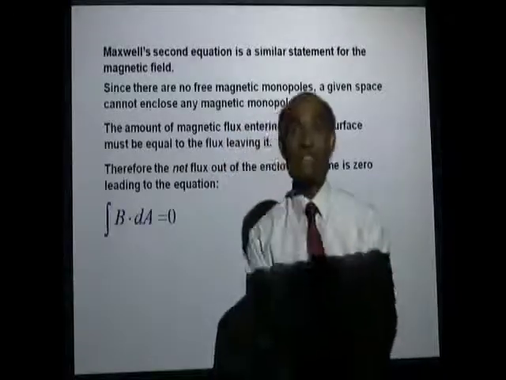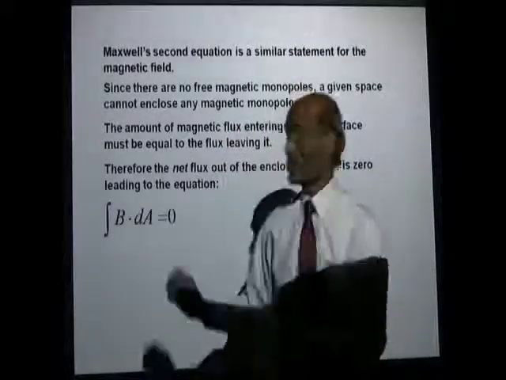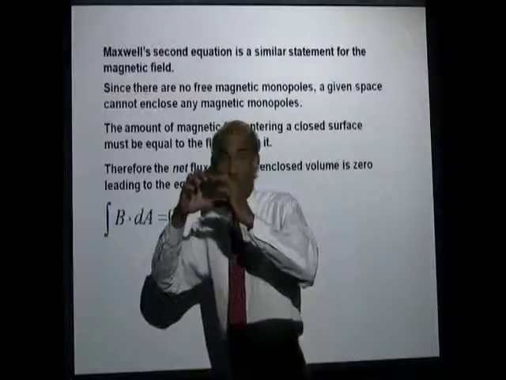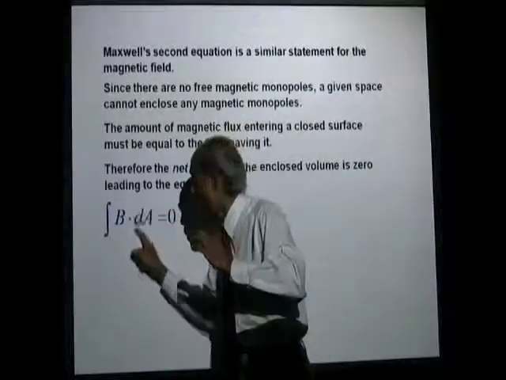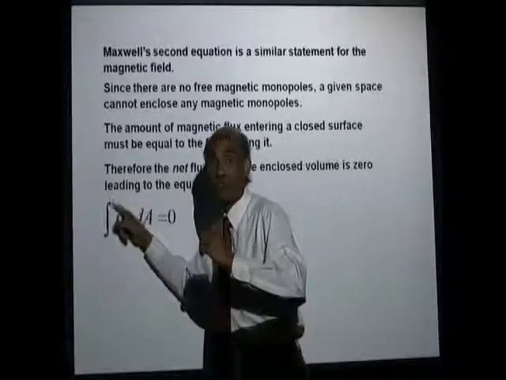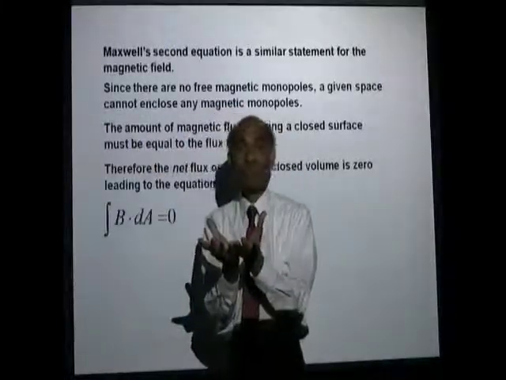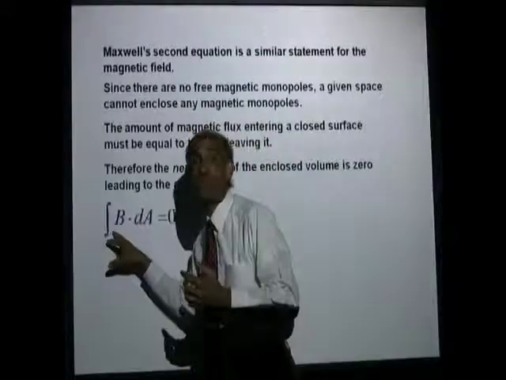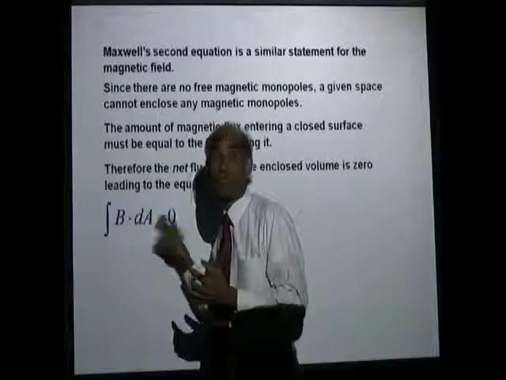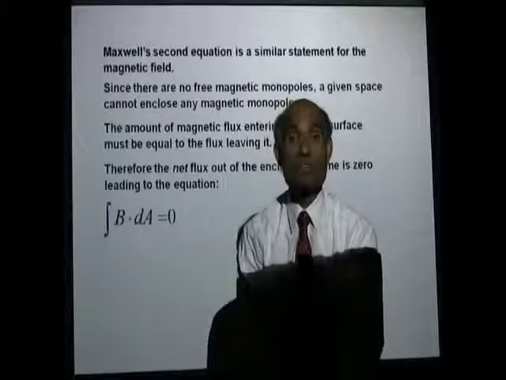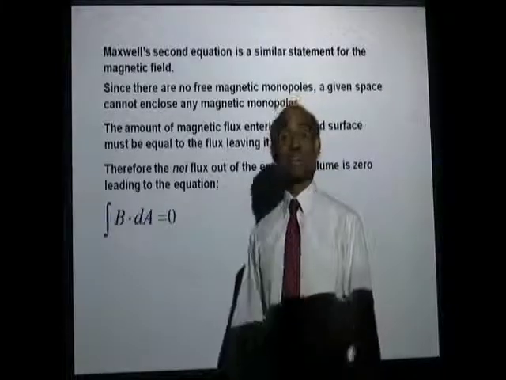What does B dA stand for? Well, B dA is the flux that leaves a small area dA, and you integrate it over the entire surface. That is the net magnetic flux leaving that surface, and that is equal to zero, is Maxwell's second equation.